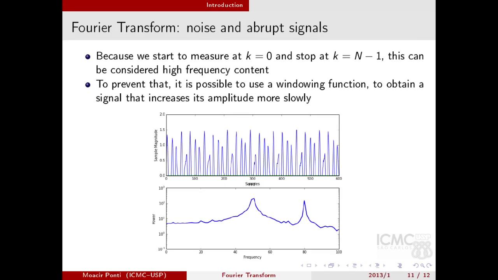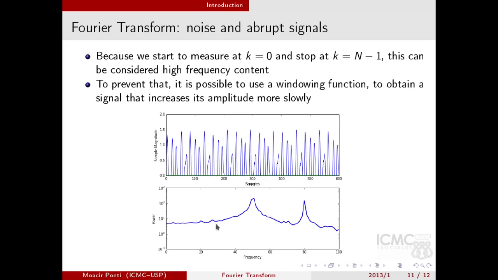Another important aspect of doing Fourier analysis is that because I start to measure at k equals 0 and stop at n minus 1, these abrupt changes in the beginning and the end of the function can be considered high frequency content, and it often hampers the analysis.